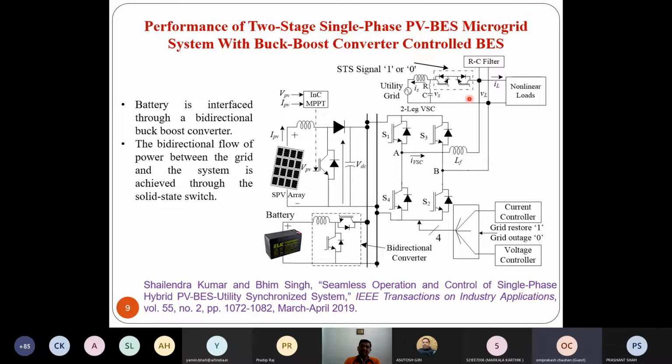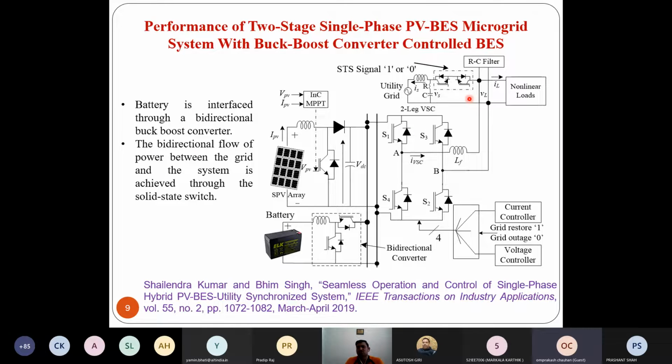But switching from grid connected to islanding and islanded to grid connected has not been depicted yet. In a solar inverter, you can find a number of applications, like solar PV with MPPT controller running a BLDC fan.